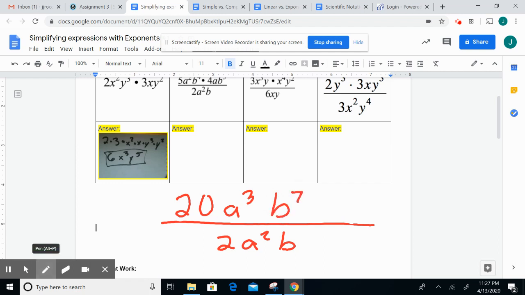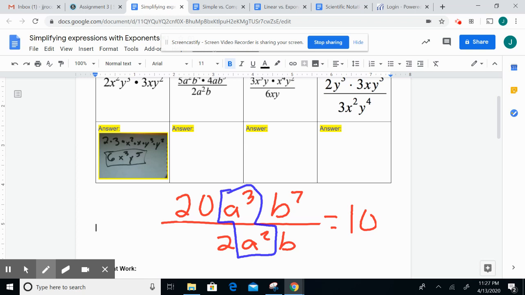All right. Now, you just divide like you normally would. So with the numbers, I should say, 20 divided by 2 is 10. So let's see if I can write our answer over here. You have 10. And then here, I'll do it in blue, a to the third over a squared.